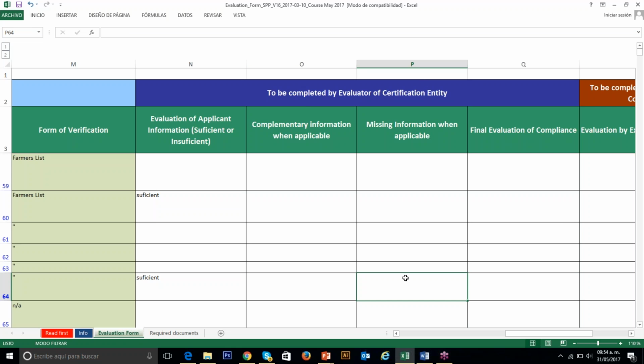You would have to write the information you are requesting from the applicant to complete the evaluation. In this case, it's not necessary because I wrote sufficient. And finally, the evaluation of compliance. You can write comply.